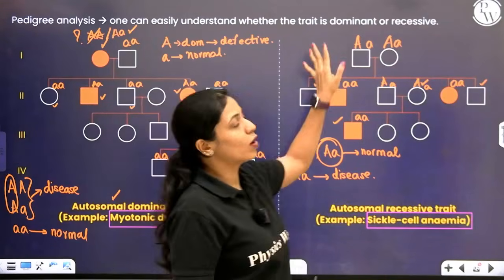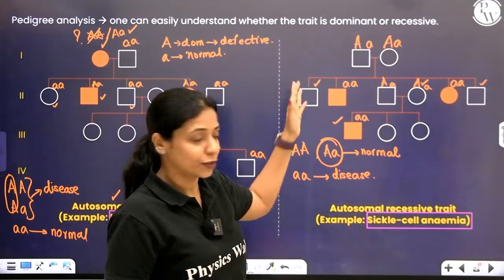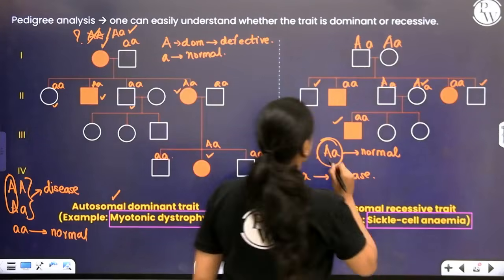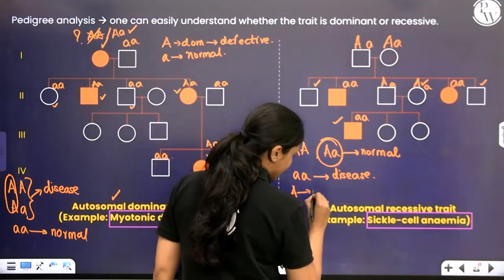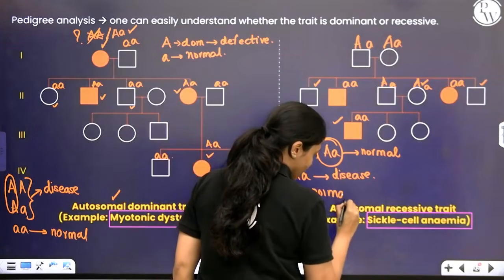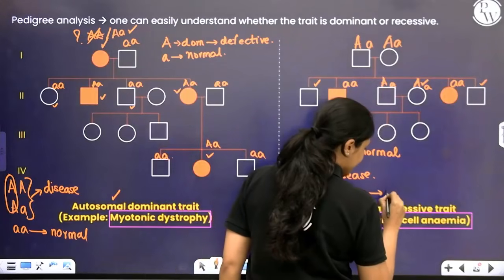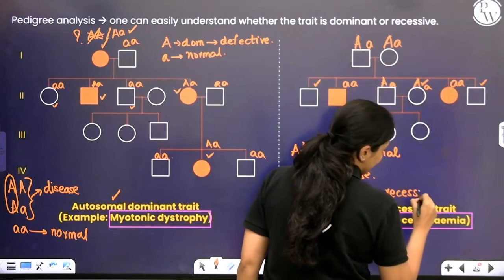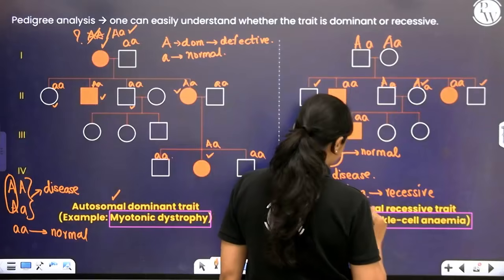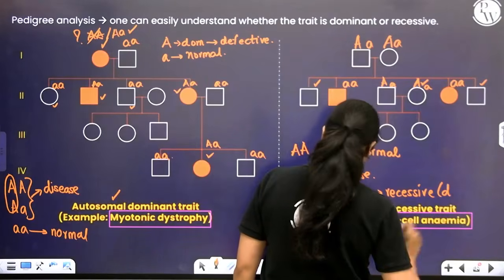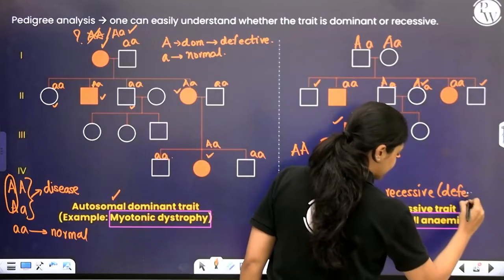But in case of autosomal recessive traits, this capital A allele is normal and lowercase a is recessive. You know lowercase a recessive is the defective allele.